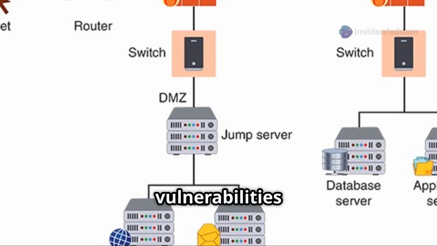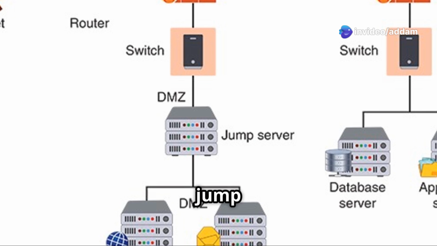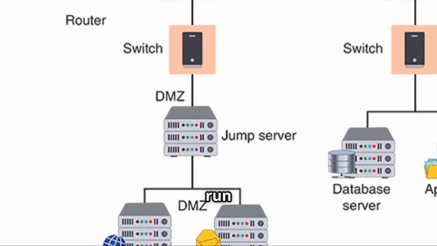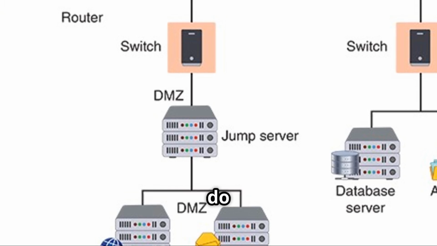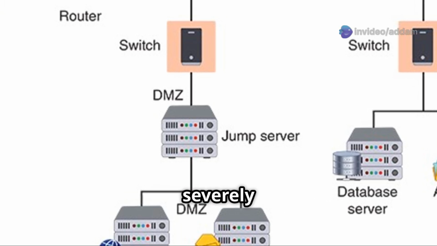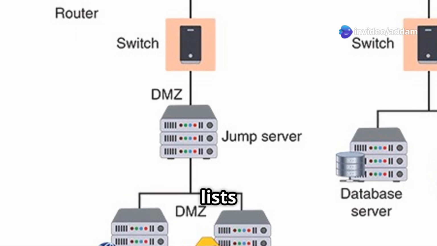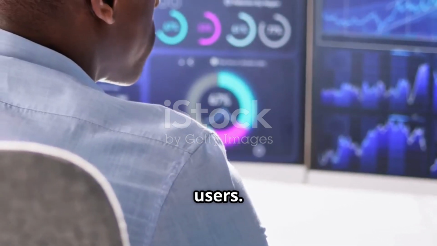To further limit the vulnerabilities of a jump server, administrators should ensure that all jump server software is regularly updated, limit the programs that can run on it, implement multi-factor authentication for logins, do not allow outbound access or severely restrict access from the jump server, and use access control lists, ACLs, to restrict access to specific authorized users.